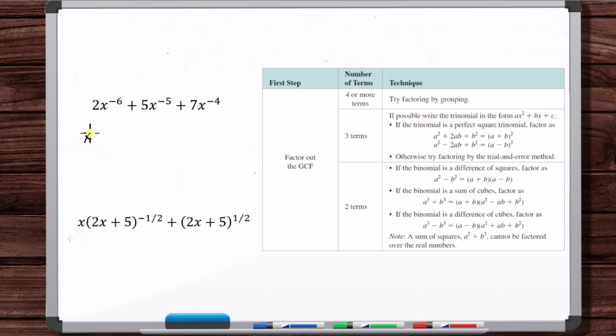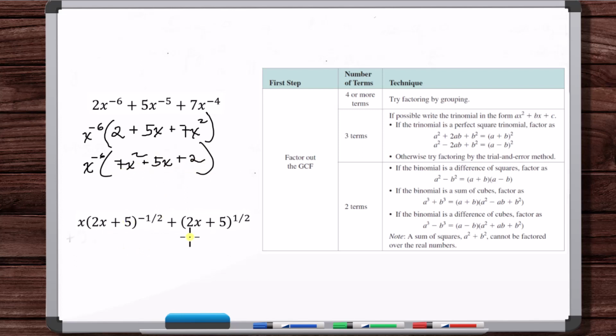If we factor out an x to the minus sixth, what are we left with? 2 plus 5x plus 7x squared, right? Multiply, distribute this, and you'll get this back. So we can rearrange this. We've got 7x squared plus 5x plus 2. Now just proceed as normal with this.